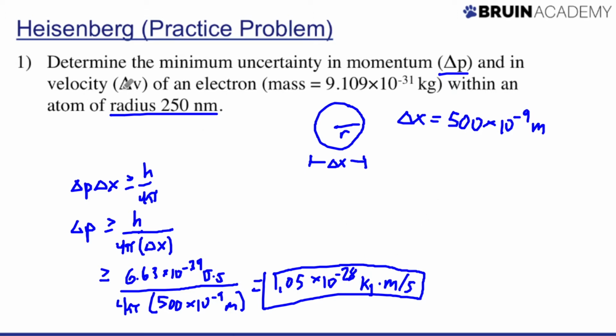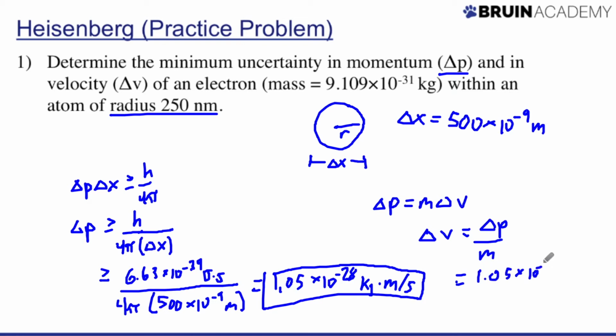Now we have to figure out the minimum uncertainty in velocity. Well, we know delta p, and we know that delta p is equal to m delta v. Solving for delta v gets us delta v equals delta p over m. We just calculated delta p, the uncertainty in momentum, which is 1.05 times 10 to the negative 28 kilograms times meters per second.